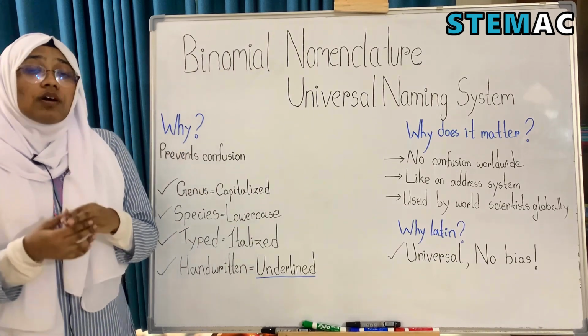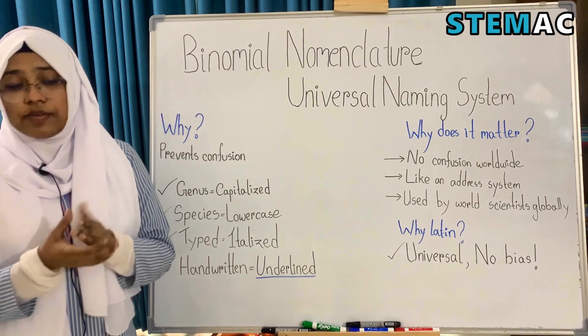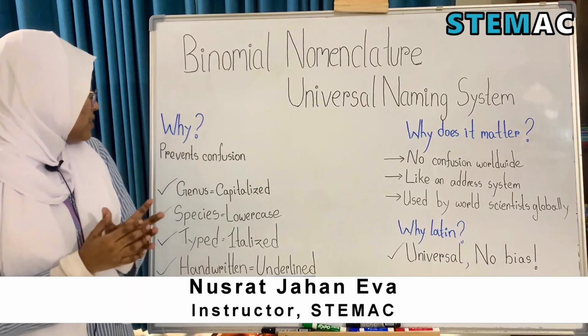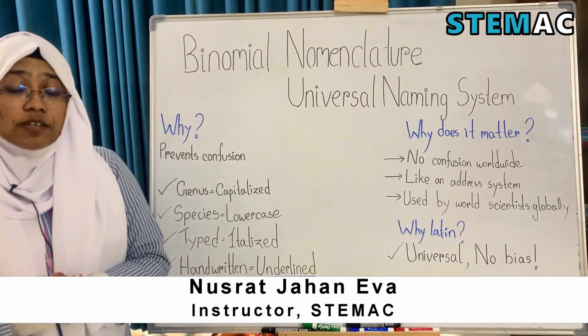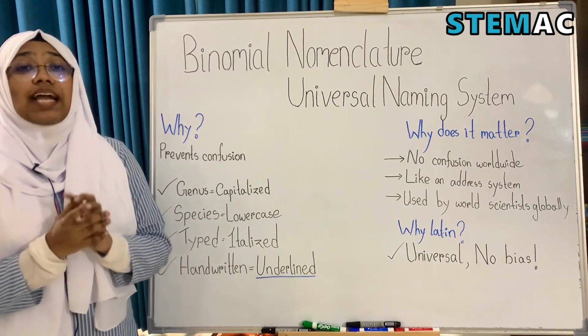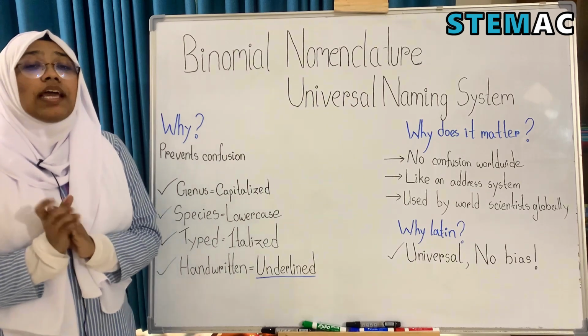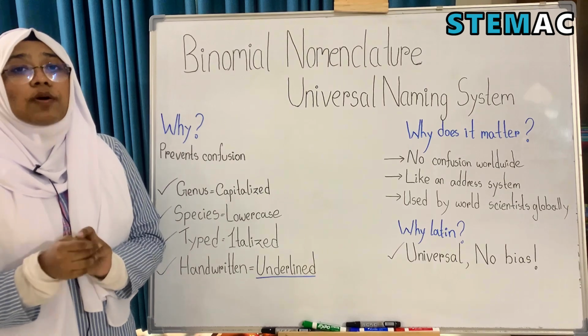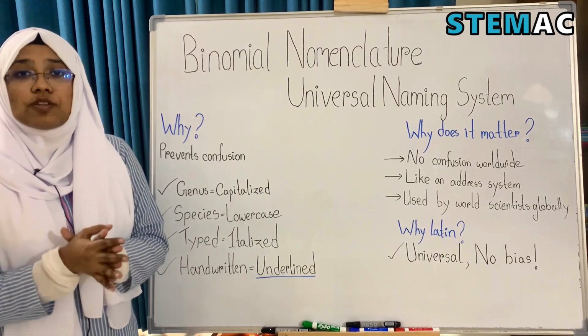Now, how is it written? It is a two-part naming system where the first part is the genus and the second part is the species. The first genus part is capitalized and the species part is in lower case. The genus talks about a huge level of animals.